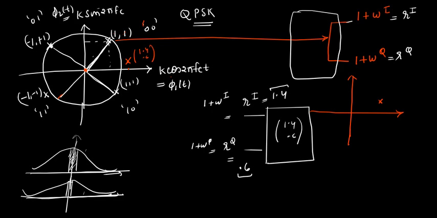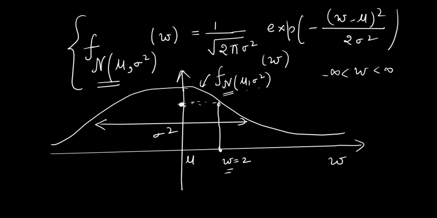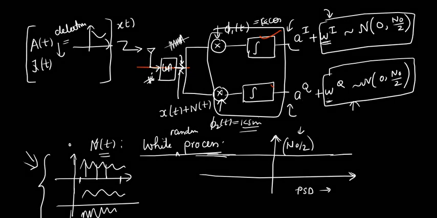What is the meaning of this? You have to just project your R on phi 1. Whatever you get in the upper branch is called Ri, and whatever you get at the lower branch is Rq.